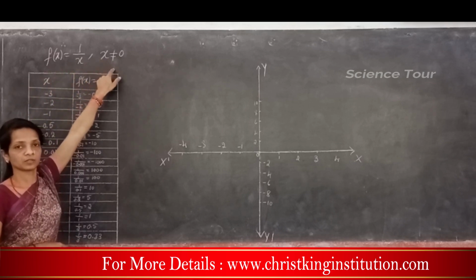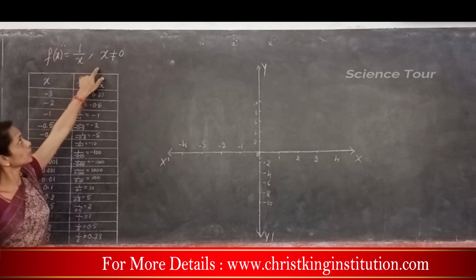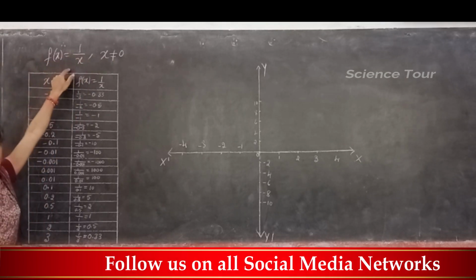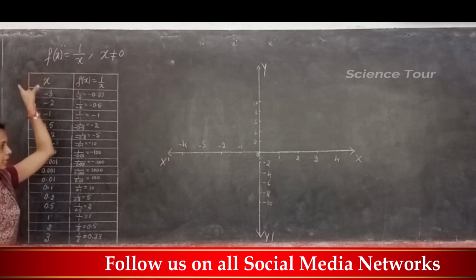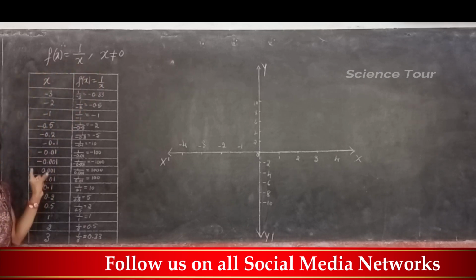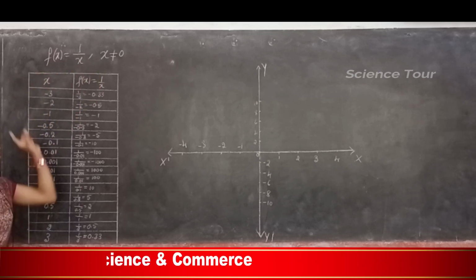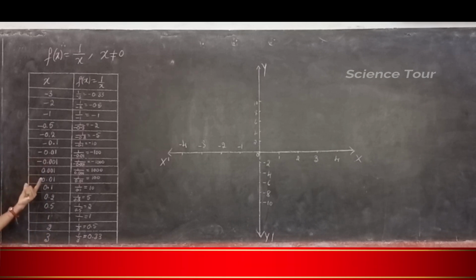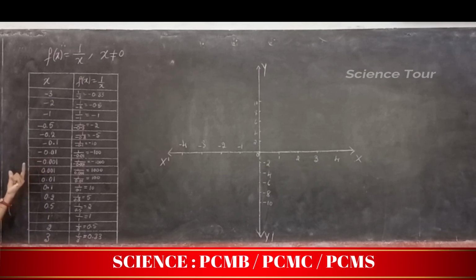Why except 0? Because if you take 0, then the denominator will be 0 and it will not be defined. So you can take any real numbers in the x column except 0. I have taken some negative and some positive real numbers, but not 0 in this x column, as you can see.